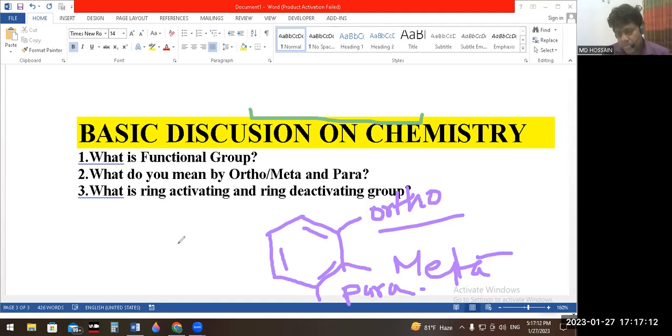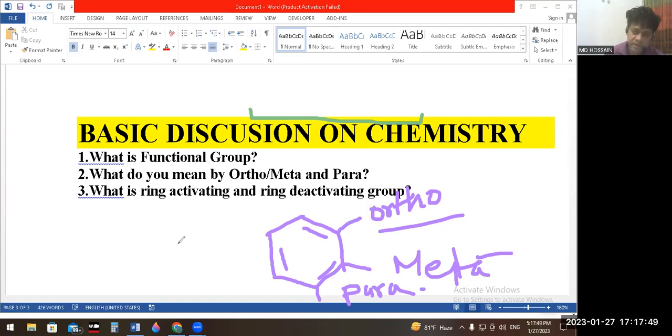Now the question is, which functional group will be connected to which position? There are a few common rules by which we can easily determine which one is an ortho and para indicator, and which one is a meta indicator. In short, functional groups that are connected through a single bond can be determined as ortho and para indicators.